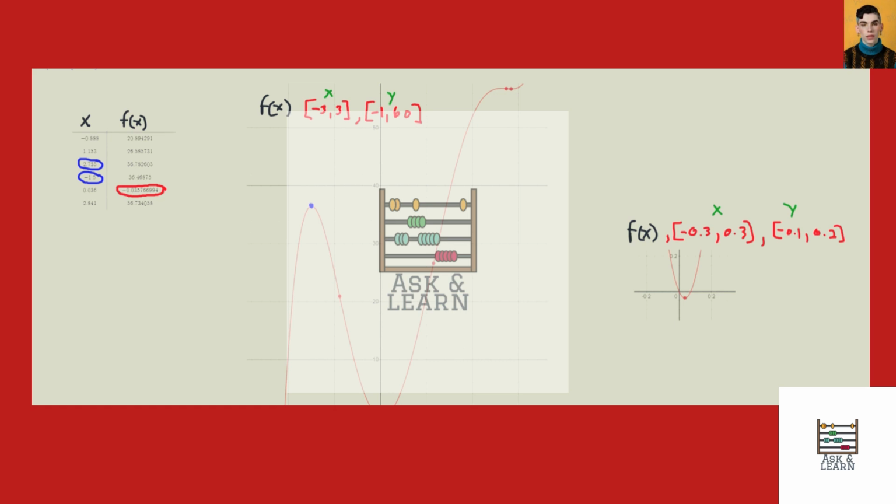And for my largest value, I chose 50 or 60 because my largest output that I get for these important points is about 56. Okay, so that's why I chose my viewing window.